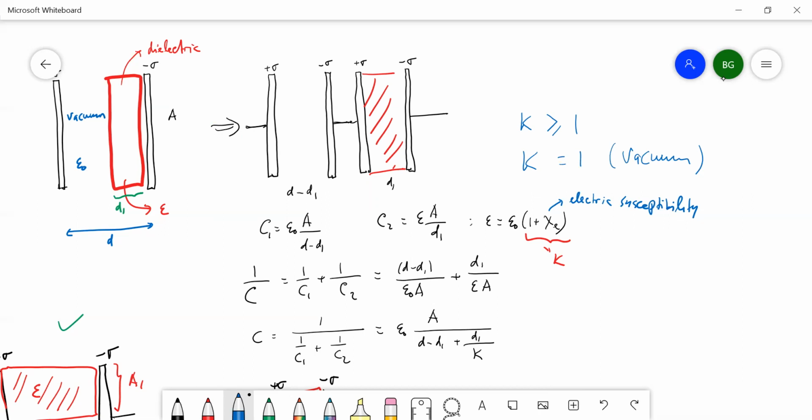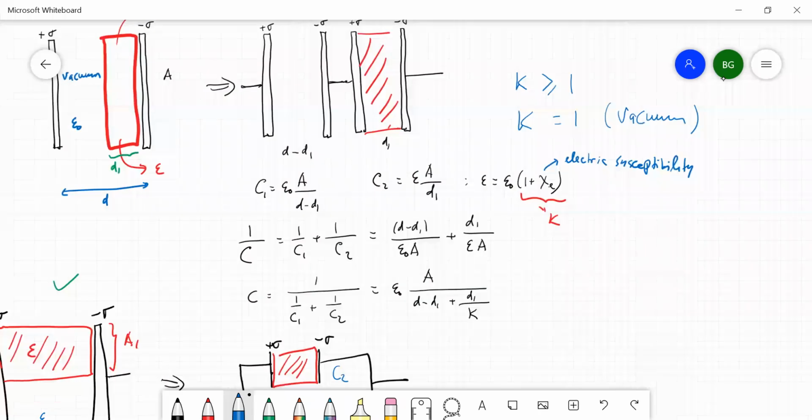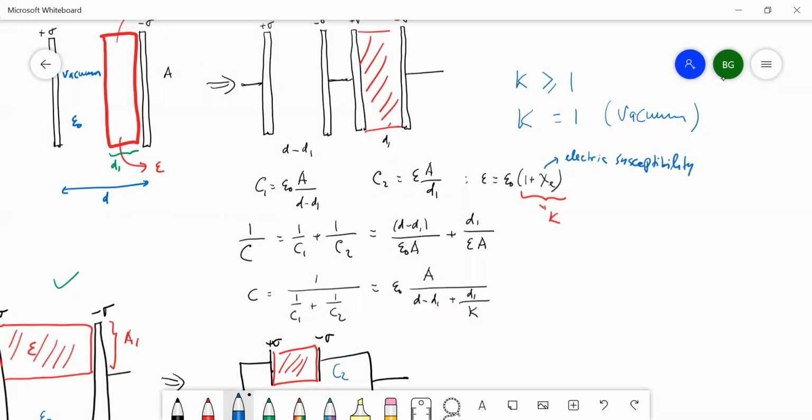As you see, for example, from the capacitance, because K is usually greater than or equal to 1, epsilon is greater than or equal to epsilon 0.